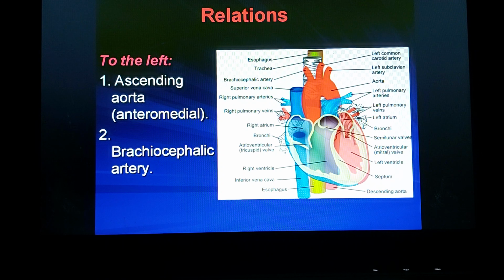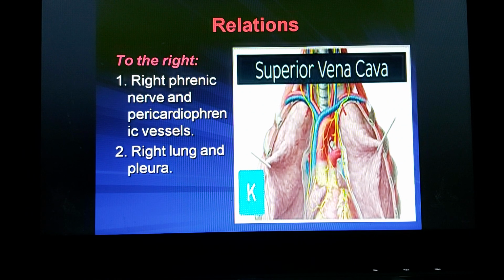Coming to the right side relations. So this is the right side relations of the superior vena cava. Here there will be the left side relation, and this side is the right side relations.